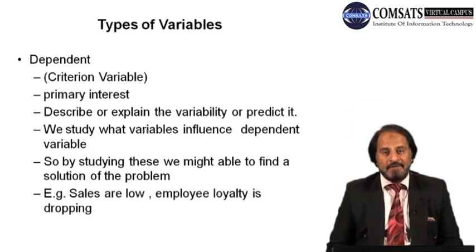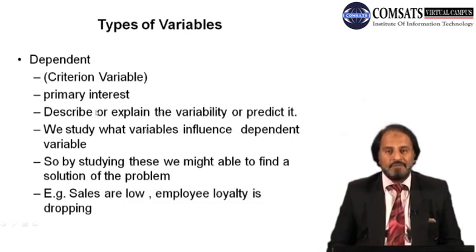In other words, we scientifically try to convert, or in a more logical way, we try to convert our problem and the factors which influence it through research. And in research, what we tried to do was find the solution of a problem, and the problem we said was sales, and the solution lies with the factors which influence that.